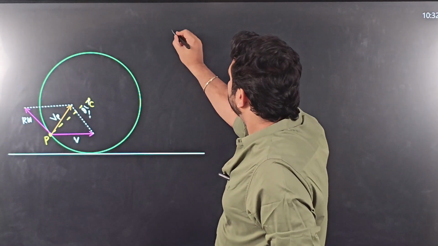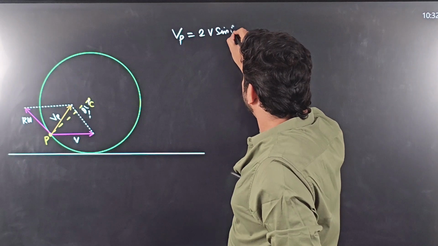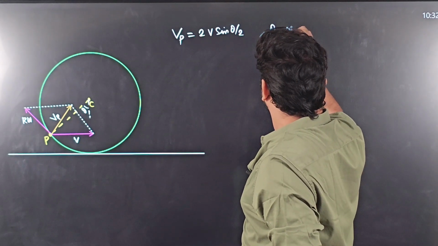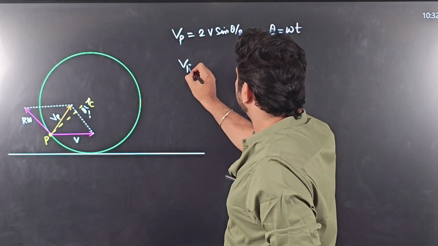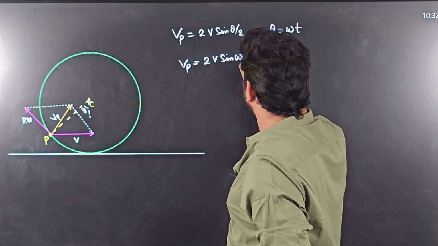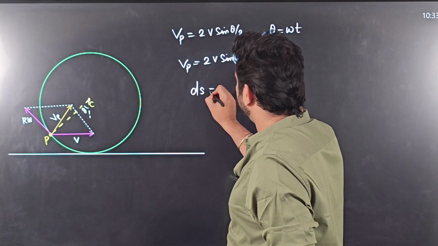Now we know Vp, that is 2V sine theta by 2. Theta is equal to omega t. So Vp is equal to 2V sine omega t by 2. Take a small interval of time dt.